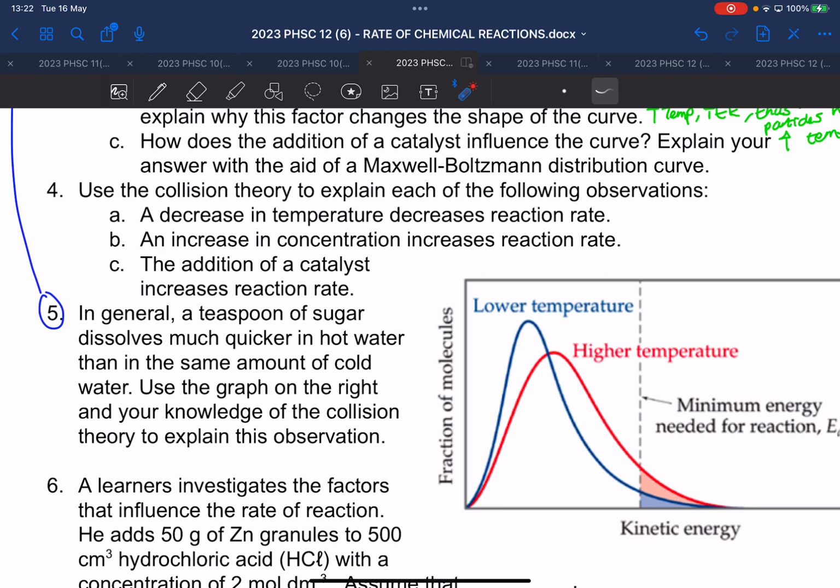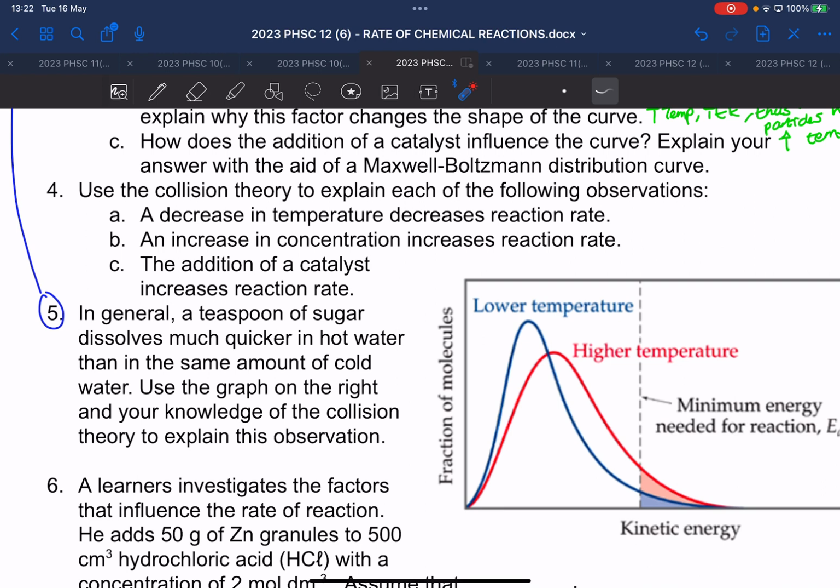What happens? The particles now have? What's wrong? Nothing. No, it's obviously not nothing. What's wrong? Are you scared to tell me?